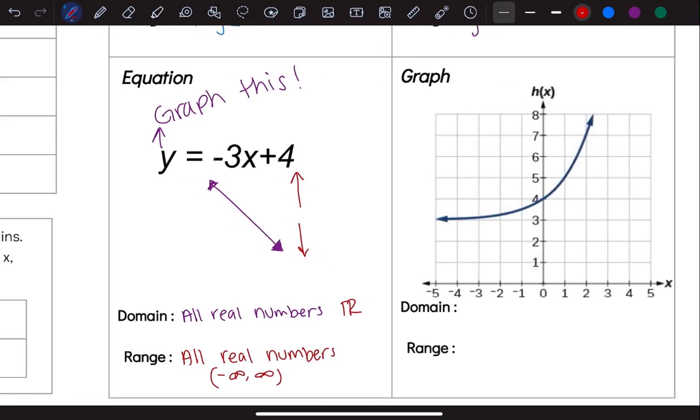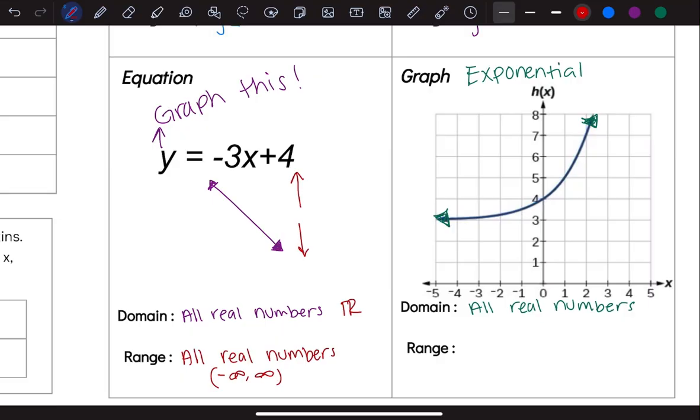All right, and the last one, this graph is an exponential function. So since I have two arrows, that means my domain is all real numbers, always. Anytime you see two arrows, you should think, oh, my domain is all real numbers. All right, but my range is a little tricky.